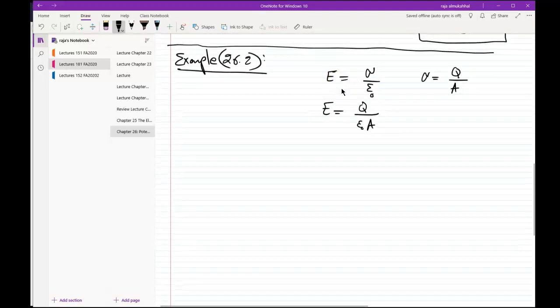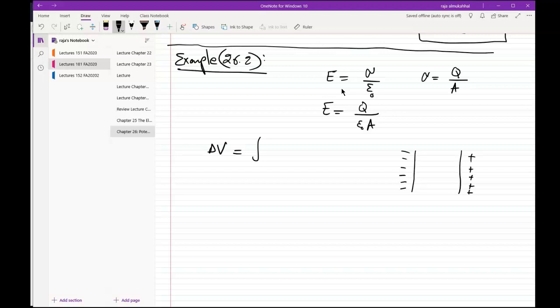So I have here delta V is equal to, now we are integrating from some initial value to a final. Let me make a picture for that. What I have in here is the capacitor. This is, let's say, the positive side. This is the negative plate. We have the electric field going this way.